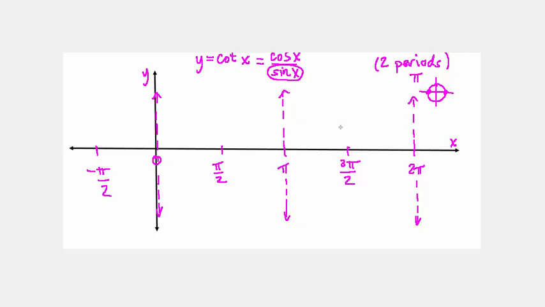Halfway between each vertical asymptote, just like tangent, is where all of the intercepts should occur. So we can just go ahead and mark those. We know that they're halfway between where the asymptotes are. And then if we mark halfway between all those current markings, we'll be able to tell where the 1 or -1 places are for this function.